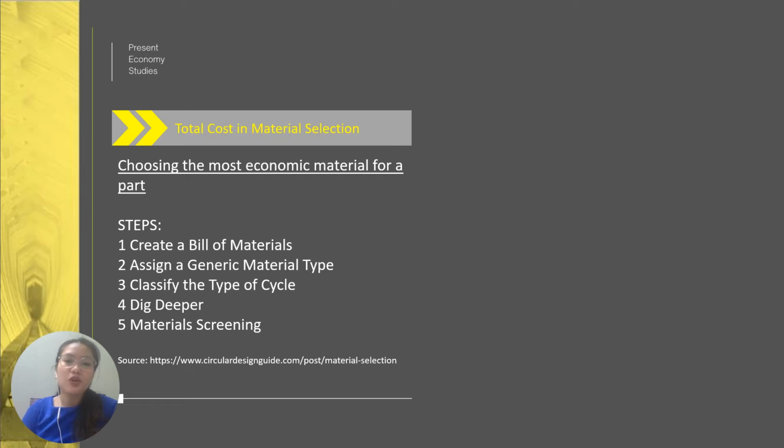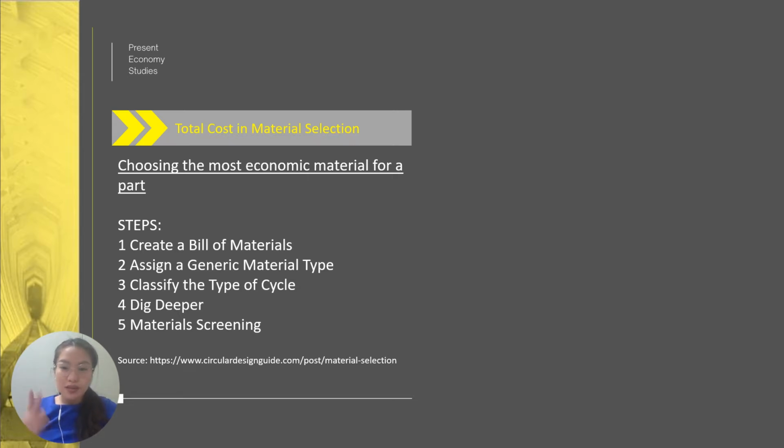So for the total cost in material selection, we have here an example. First is choosing the most economic material for a part, and the second is choosing the most economical machine for production.